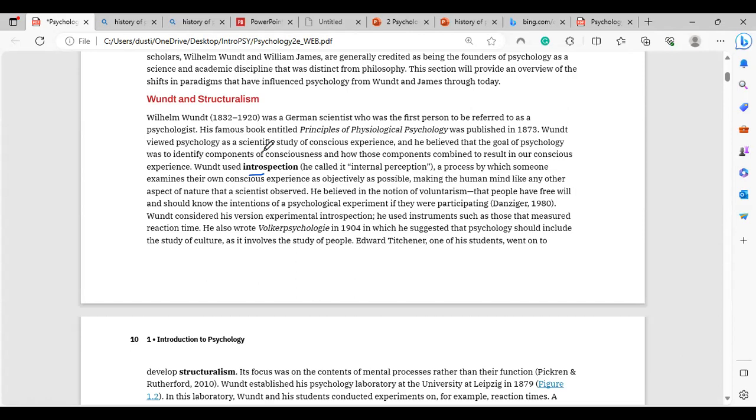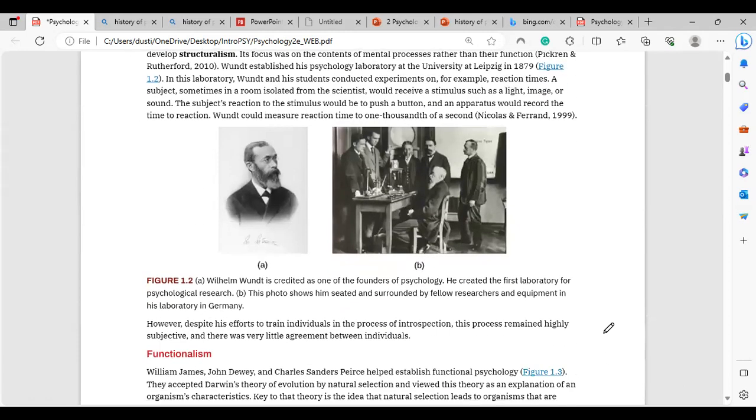So understanding the reasoning. So when I talked about that lab, there was a creation of understanding what goes into it, what people and why we're studying these people, why we're studying their functions, the mental processes that are happening. Okay. And so he did work on experiments. He conducted experiments. And there it is right there, one of the founders of psychology.